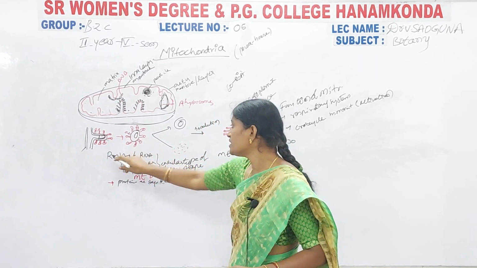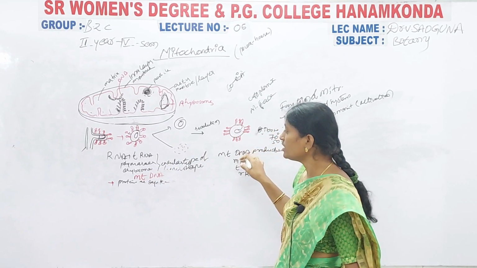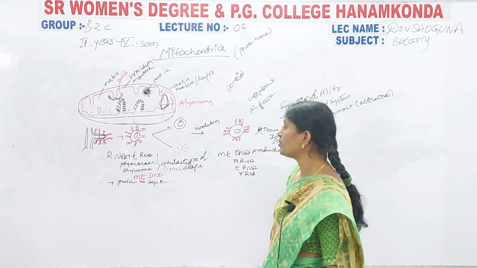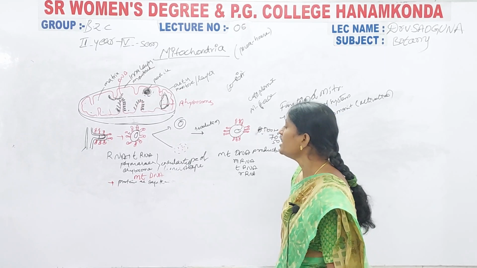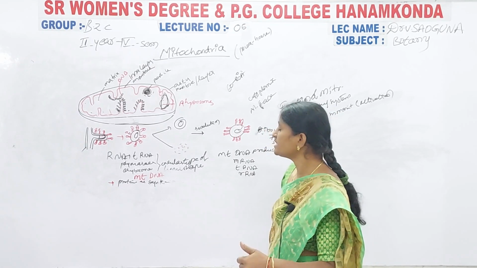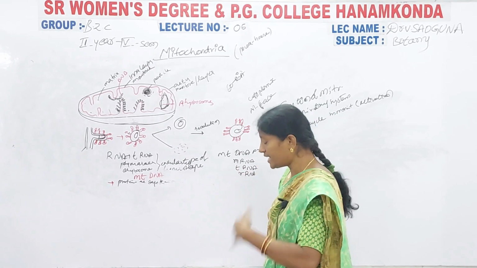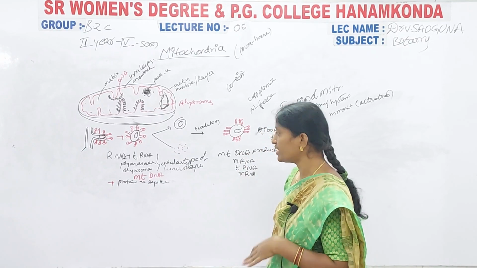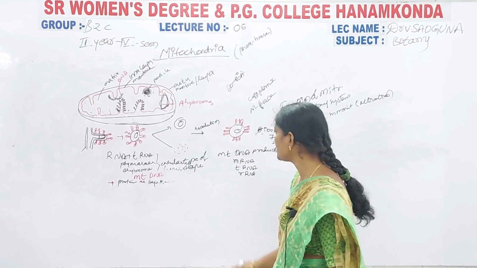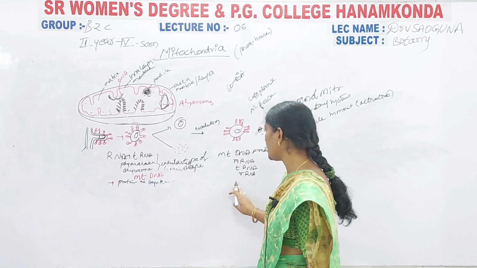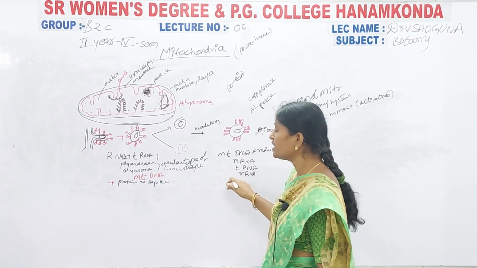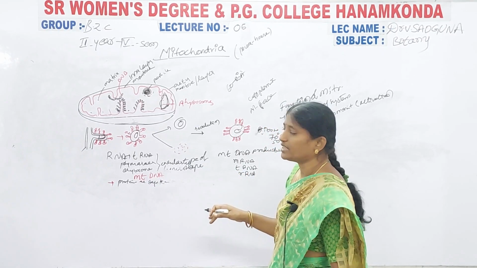Here the mitochondria are mostly involved in protein synthesis, and they also produce DNA. At the same time they have different types of RNA structures, that is messenger RNA and transfer RNA.